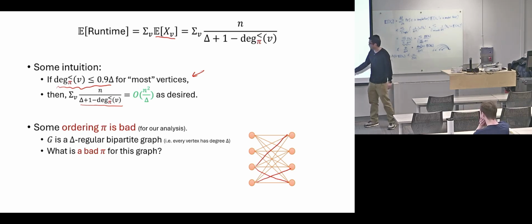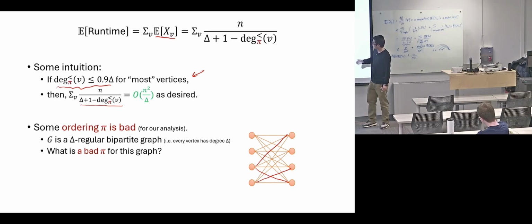Can you order vertices such that for many nodes after ordering, the degree before is still delta? Is it that you go all along the left side and then all along the right side? Exactly. Thanks, John.